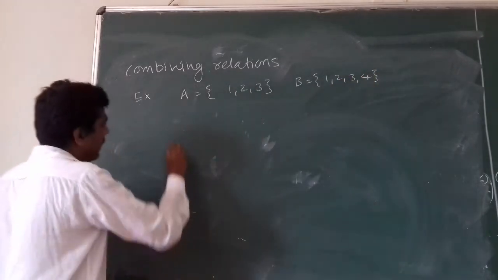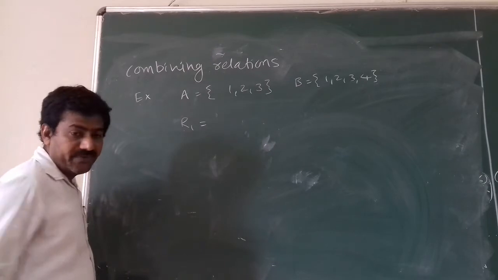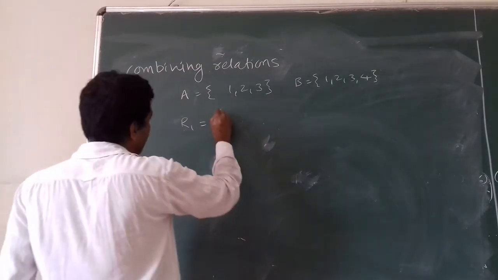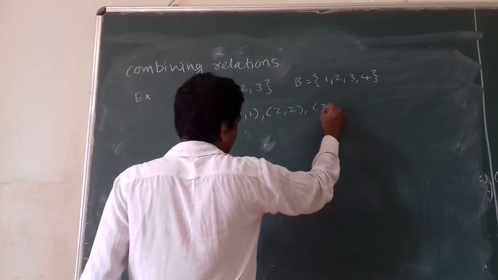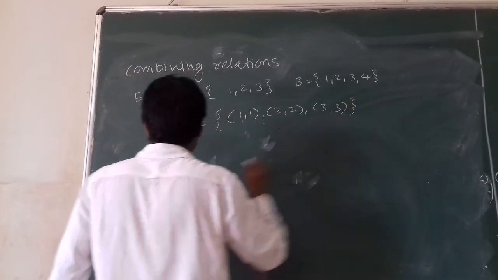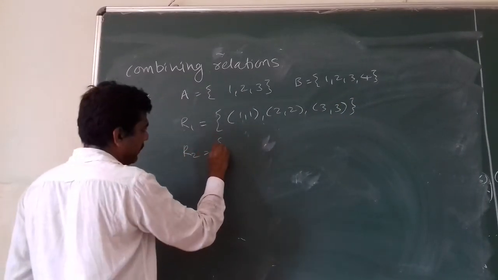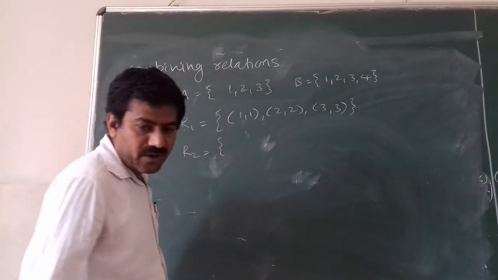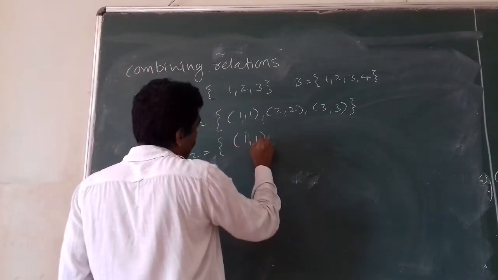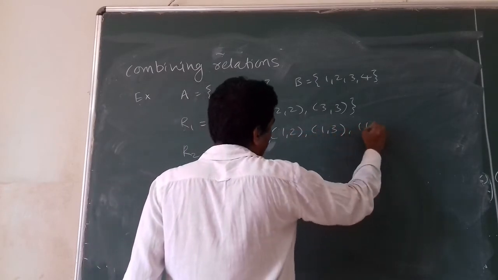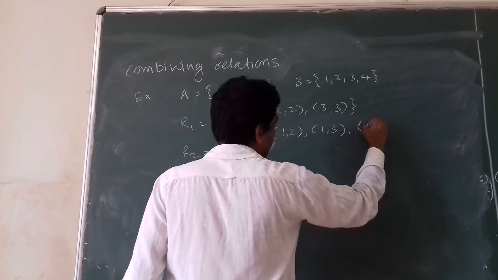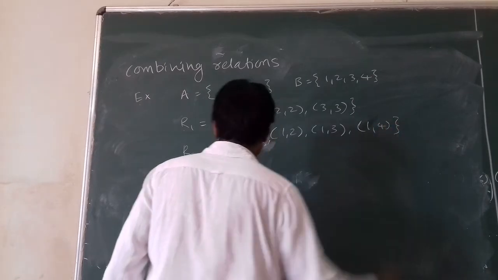R1 is the relation given, that is reflexive: (1,1), (2,2) and (3,3). And R2, another relation, is given: (1,1), (1,2), (1,3) and (1,4). These are the given relations.